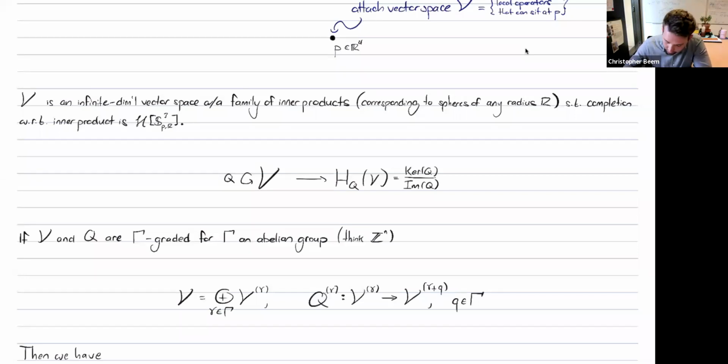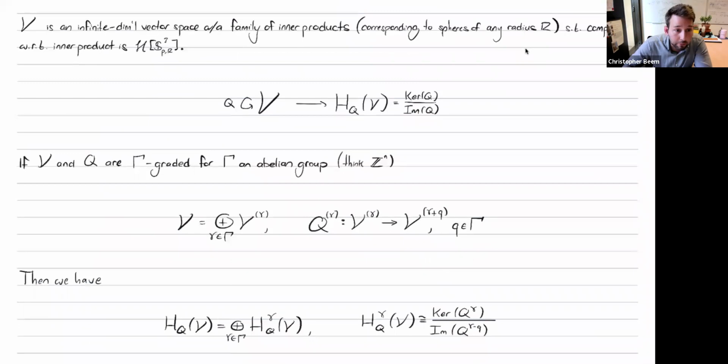In practice, we usually have a fair amount more structure. At the very least, we have some gradings around. So your vector space and the supercharge that you're acting on the vector space with have some grading by an abelian group. I've written this in equations in a pretty general way in terms of some abelian group capital gamma, but you should really be thinking of Zn, which is what it usually is.